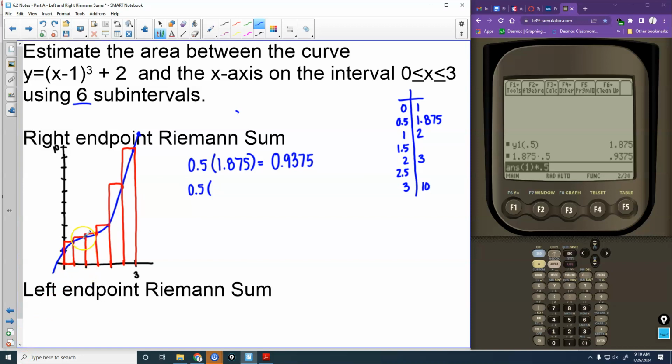Two. We would plug in 1 to get this, right? Because that point right there is at 1, and the value that we get when we plug in 1 is 2. So we would do 0.5 times 2, which will just give us 1. That's our second rectangle. Our next rectangle, what number do we need to plug in here to get that height?